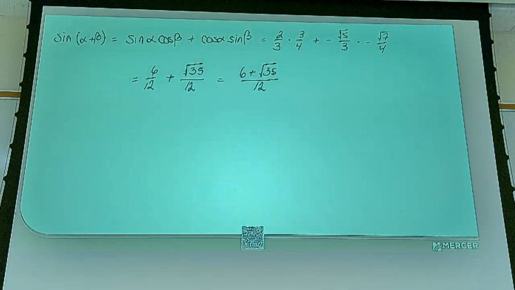Again, constructor's prerogative, I can just copy and paste, because there are only going to be some slight differences. We want alpha minus beta, so we're using the difference identity. All that's changing are these signs. So that becomes minus, this is now minus.